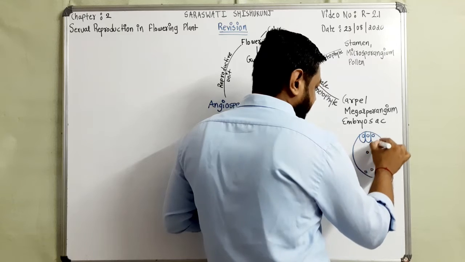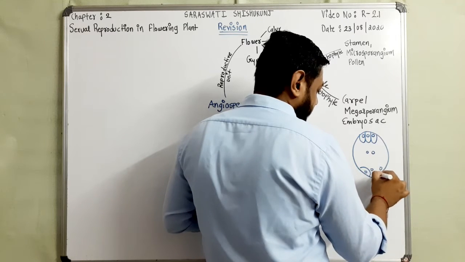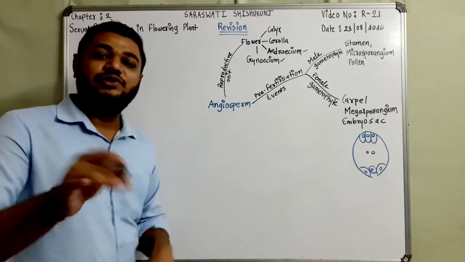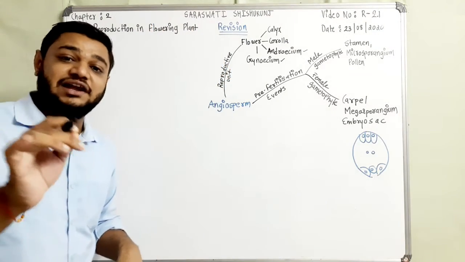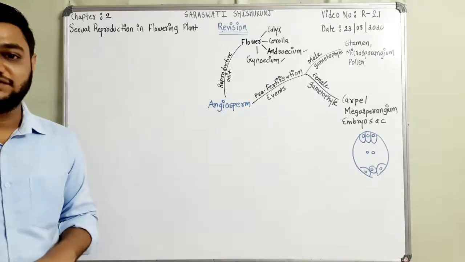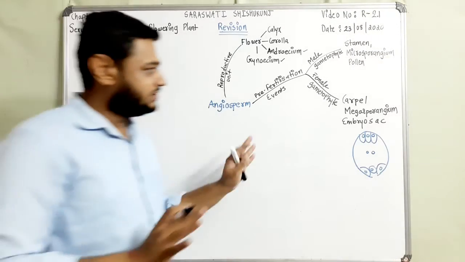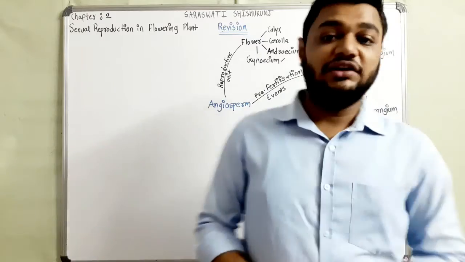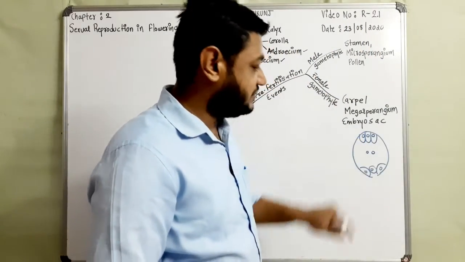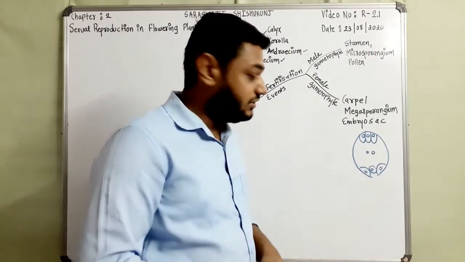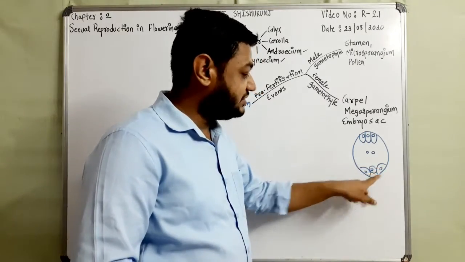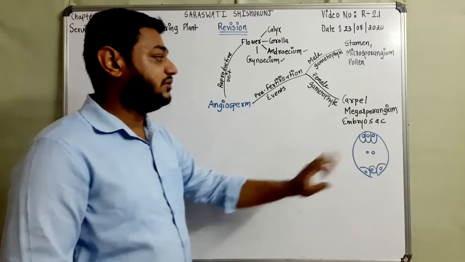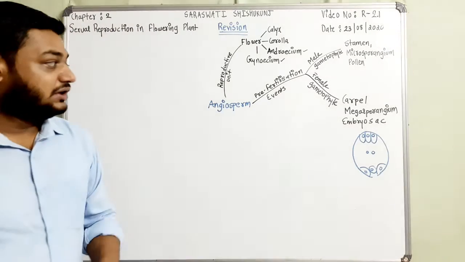Later on there is formation of cell walls. So this is the arrangement where you can see the 7-celled and 8-nucleate condition. So in the formation of gametes, you can see 3 antipodals, 2 polar nuclei, 2 synergids and 1 egg cell. So this is about the embryo sac.